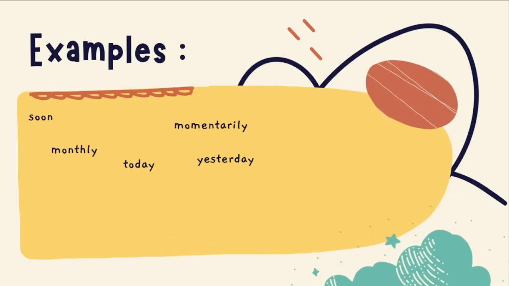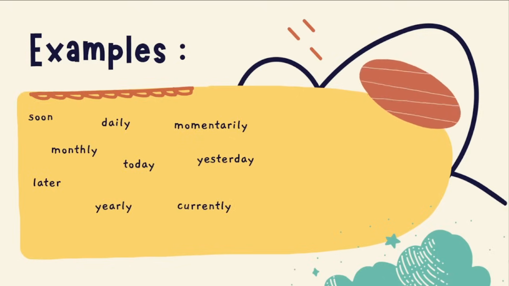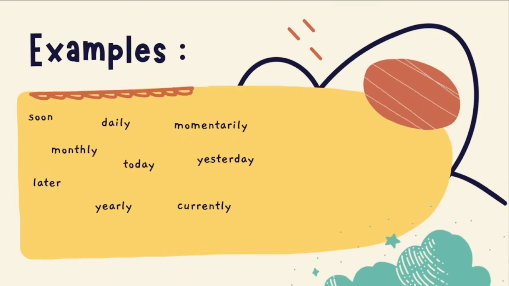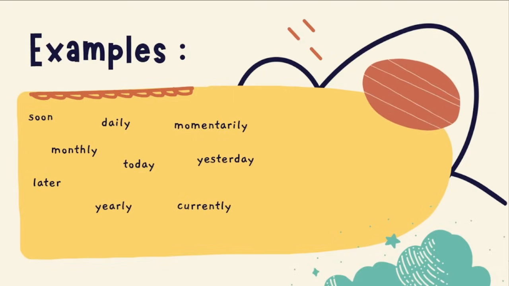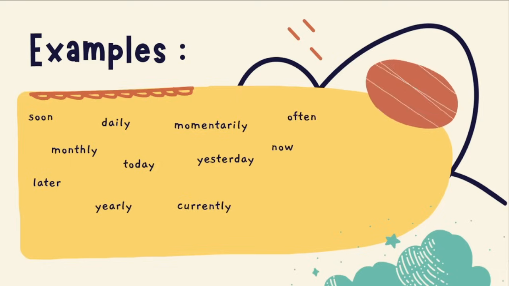So, here are the words that are examples of the adverb of time. We have here the words soon, monthly, daily, later, today, yearly, momentarily, yesterday, currently, often.